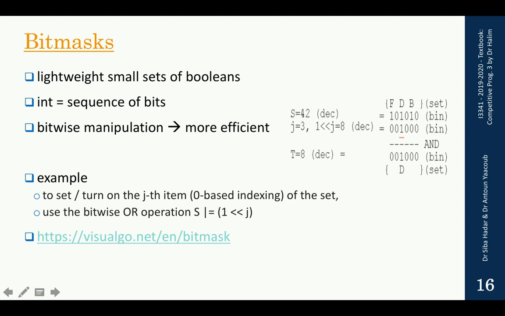the S value is 42. In binary, it is 101010, and this value can be used to represent the subset BDF in a set A, B, C, D, E, F. So if I have the set A, B, C, D, E, F, and I want to say that, for example, the elements B, D and F are used, I just set the integer value so that the binary representation of S sets ones at those elements.